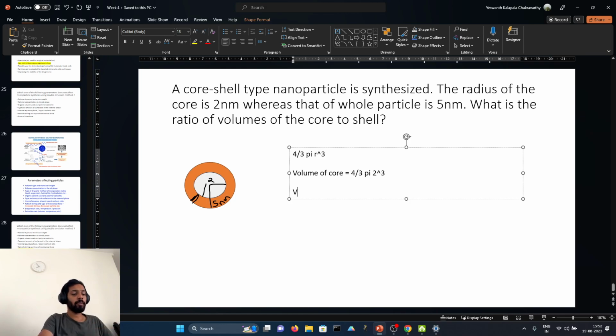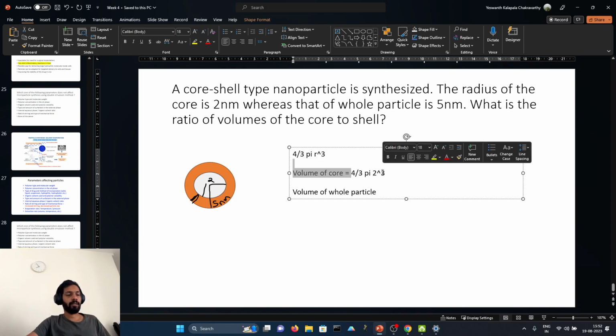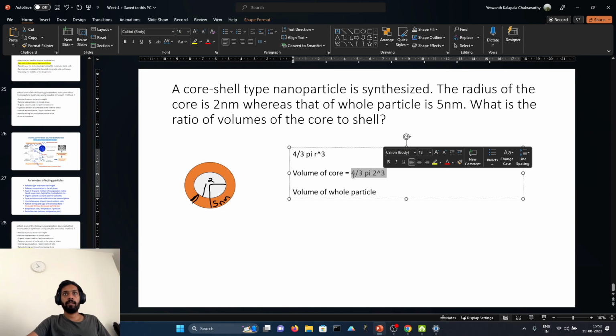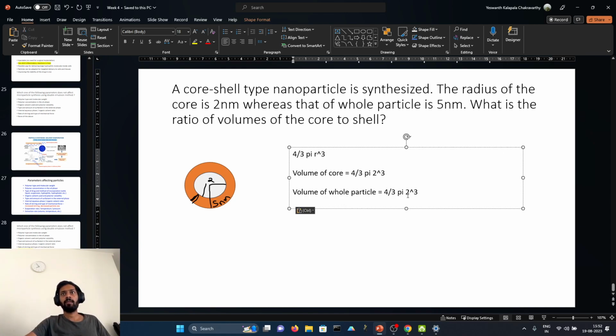Now we know volume of whole particle is basically 4 by 3 pi, radius of the whole particle is 5, so 5 cube. Now what they're asking is the ratio of volumes of core to shell.